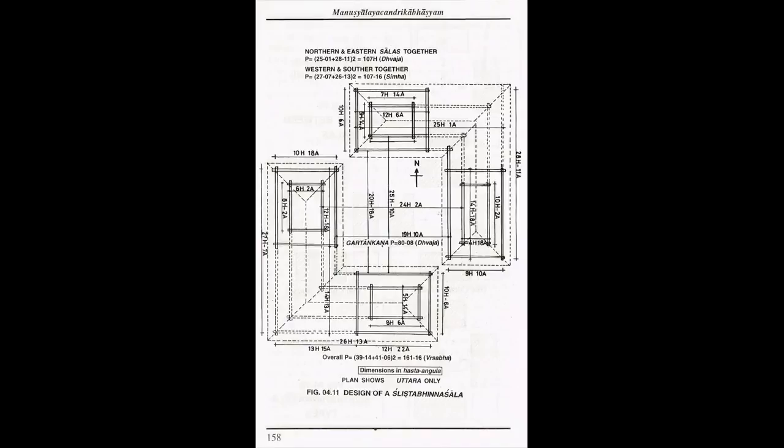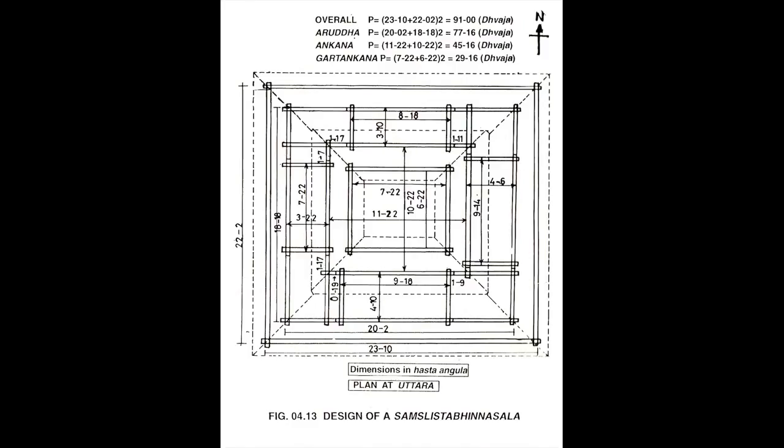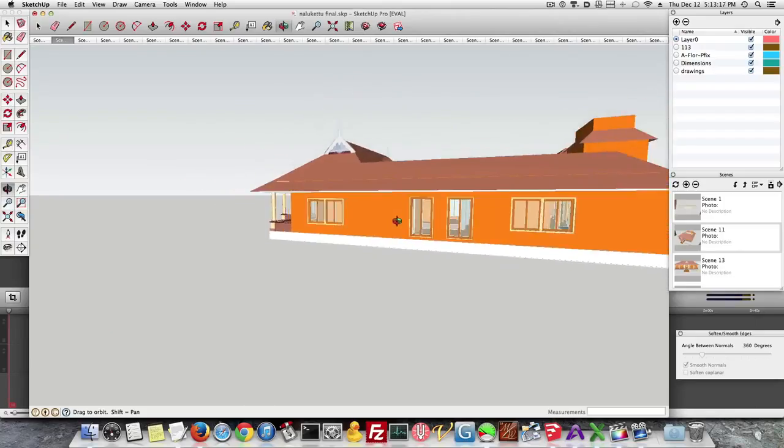But you can also add corner houses. This is, for example, a Shlishta Bhinna Shala, in which there's a corner house that joins the west and south house, and a corner house that joins the north and east house. There's also, for example, Samslishta Bhinna Shala, which is what you will find more frequently online when you look for Chatushala.